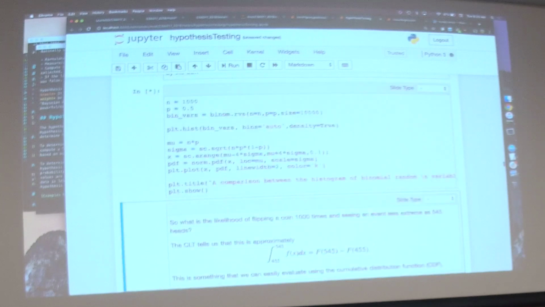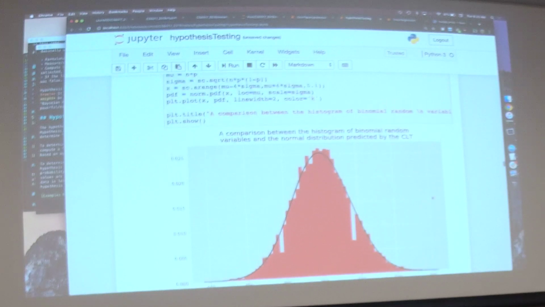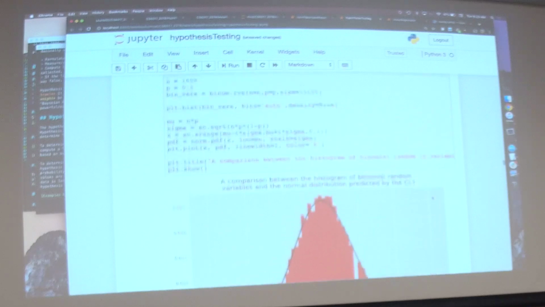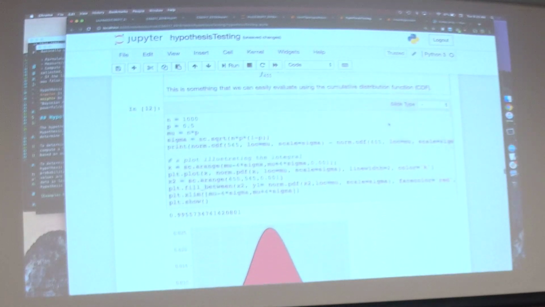What we have here is a plot of the normal distribution that we expect from the central limit theorem. And this is coin flips. And we see that it matches pretty well, even for a relatively small number. So here we have 10,000 coin flips. You see it already looks a lot like a Gaussian.